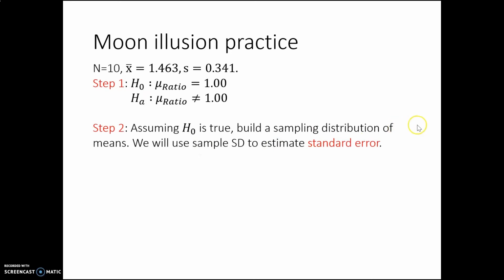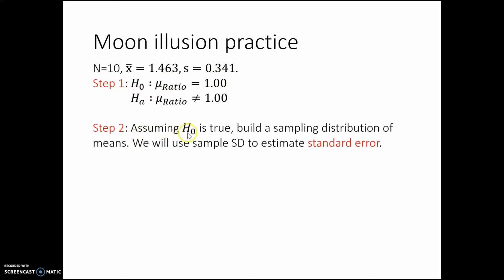And second step, pretty much like what we did for the z-score: we assume this null hypothesis is true. People's estimated ratio equals 1, and the difference between our observed sample mean and this standard ratio is just due to chance, due to observation bias.